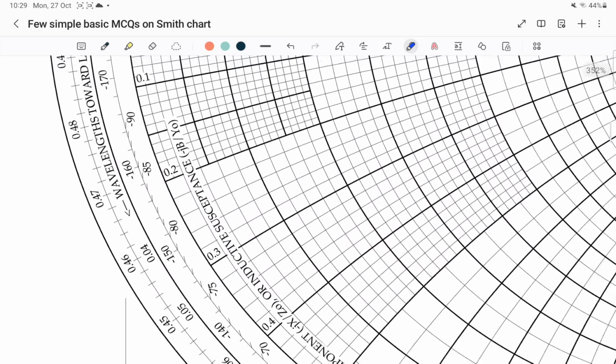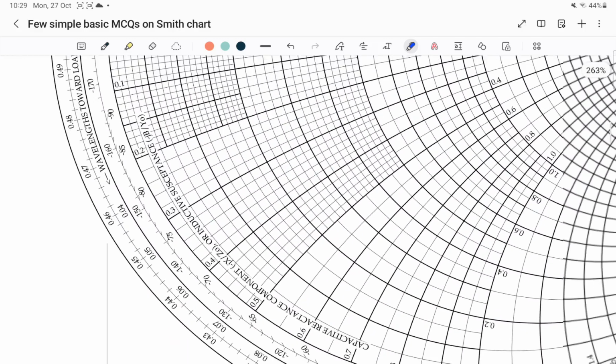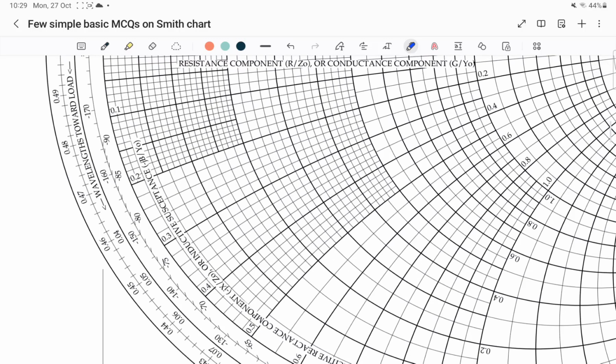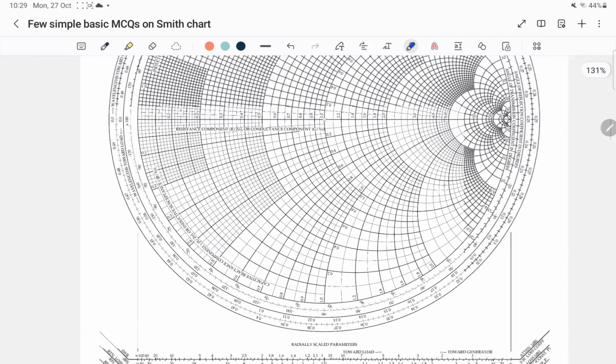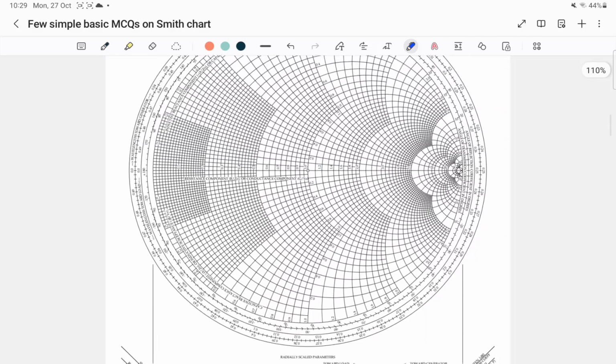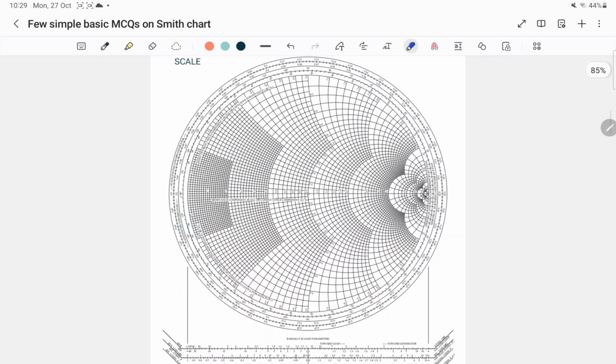These values are also in terms of wavelength. Whenever you move towards the load, the distance traveled towards the load in terms of wavelength is given by this measurement scale. These measurement scales can be found all around the Smith chart.